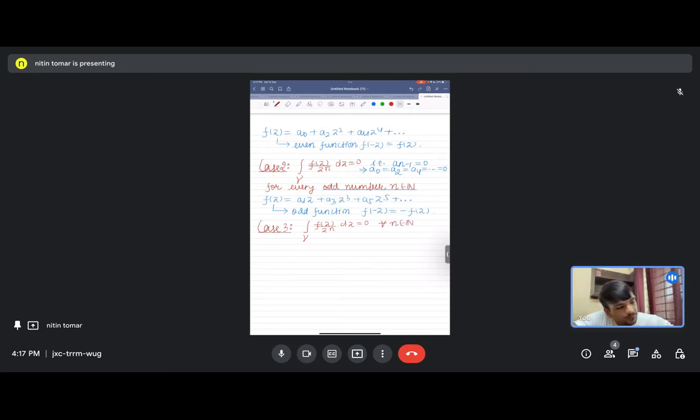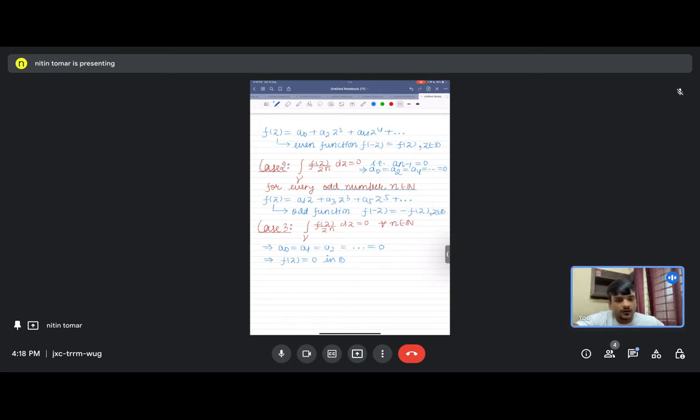So then what should happen? Then this implies that a naught, a1, all of them are 0, right? So what does f become? For all z in D, this implies f(z) is 0 in D, right?